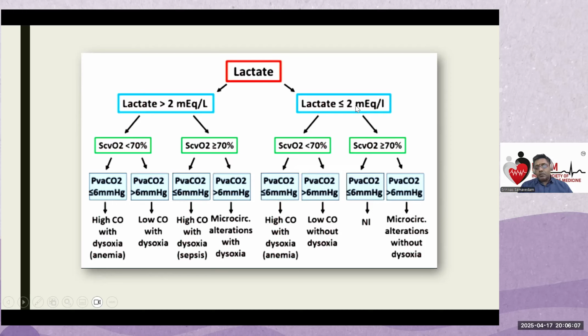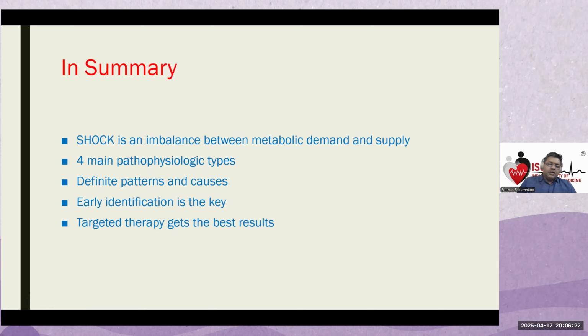Somebody who has a normal lactate but has a high SVO2 should be looking at, again, the AVCO2 delta, and you could probably identify those who have microcirculatory alterations without dysoxia. So in summary, shock is an imbalance between metabolic demand and supply. There are four main pathophysiological types with distinct clinical patterns.